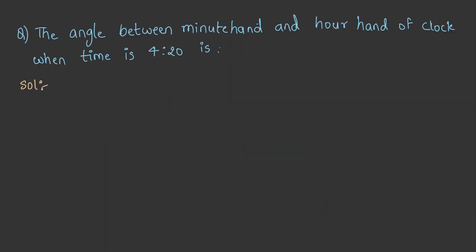Let us consider a similar problem to the previous one. As we already know, theta is equal to 11 by 2 into m minus 30 into hours.